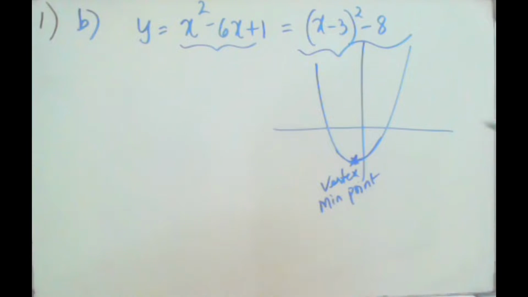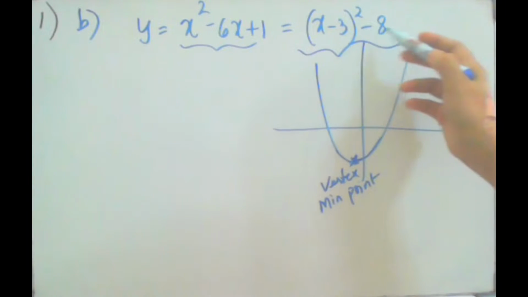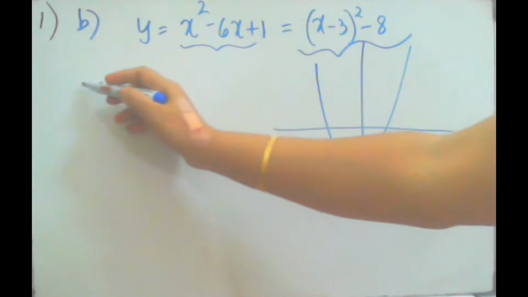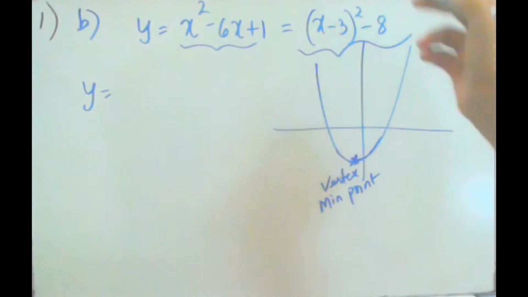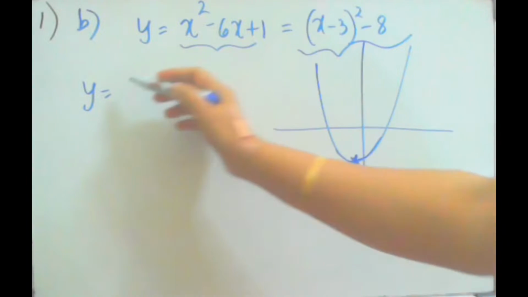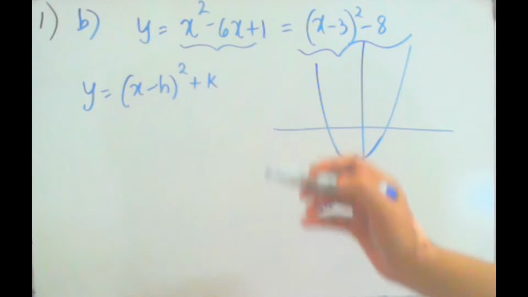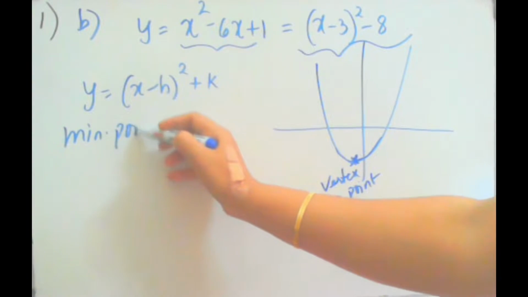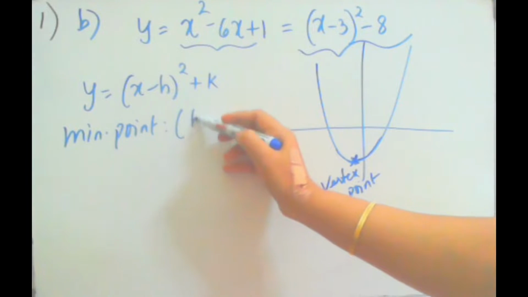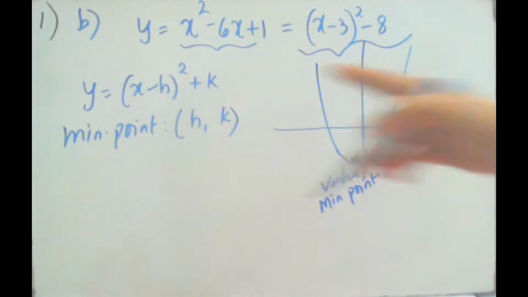Now since we have it in completed square form, we can get the minimum point coordinates straight away from here. So the general completed square form of a quadratic expression is like this: (x − h)² + k. If it was like this, then the minimum point coordinates are (h, k). Right?